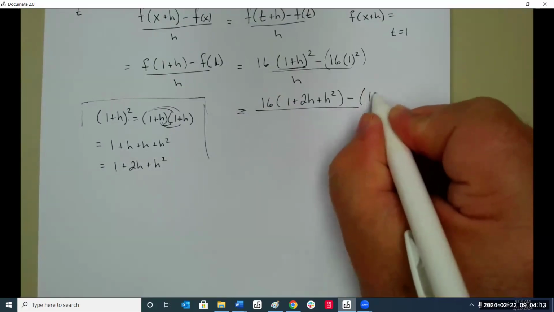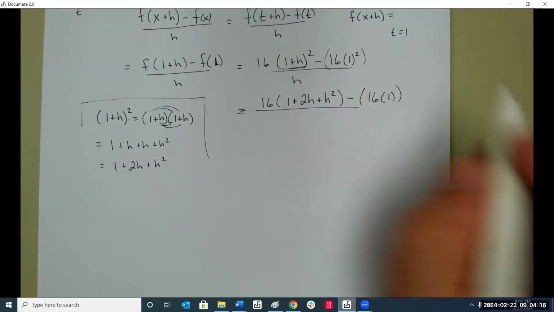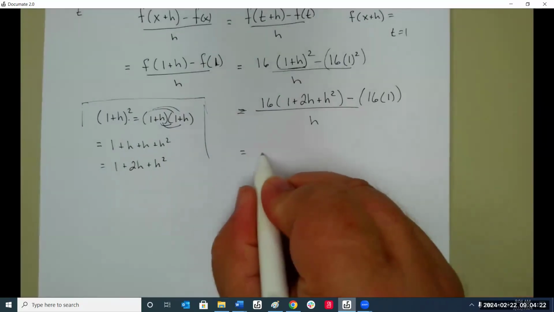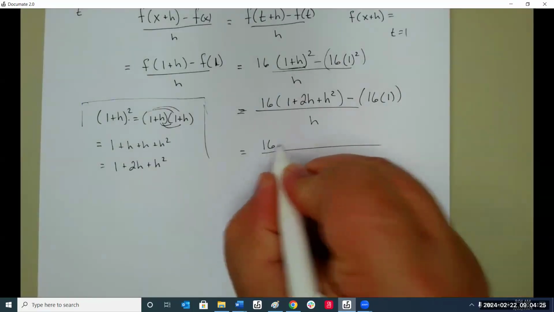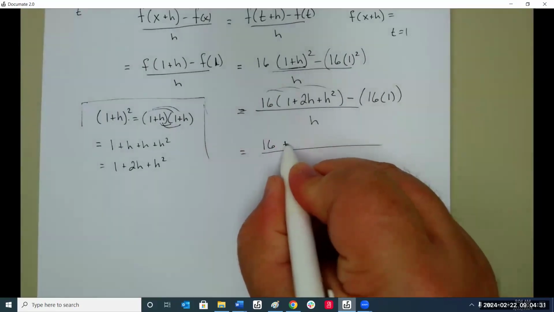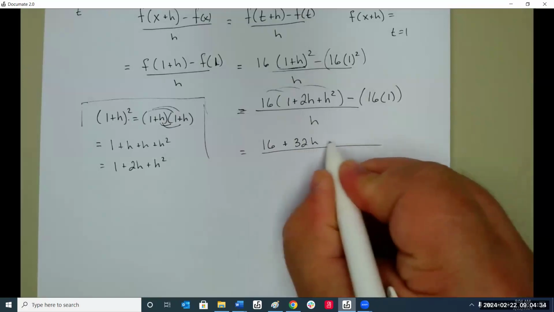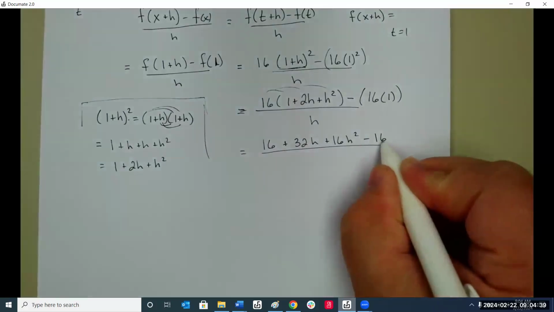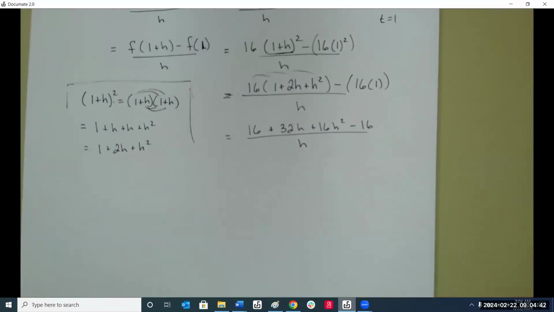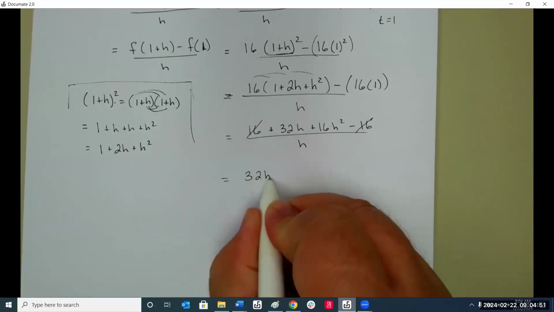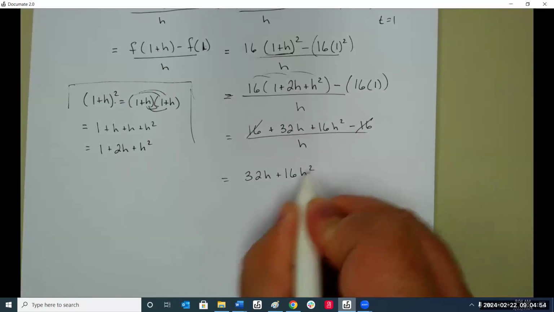One plus 2h plus h squared minus 16 times 1 squared, which is 1. I could distribute the 16 now. So the 16s cancel. 32h plus 16h squared.